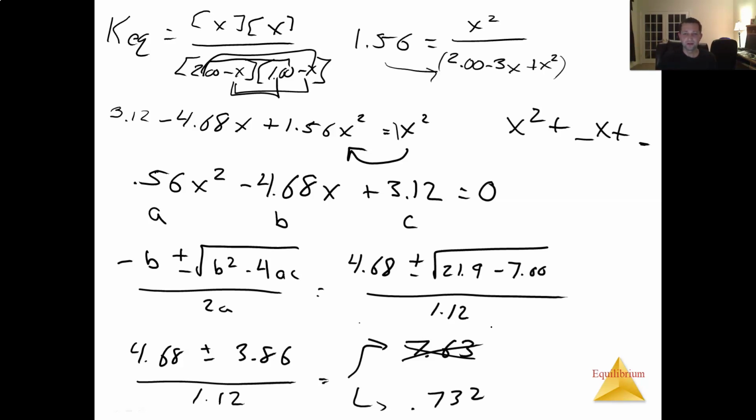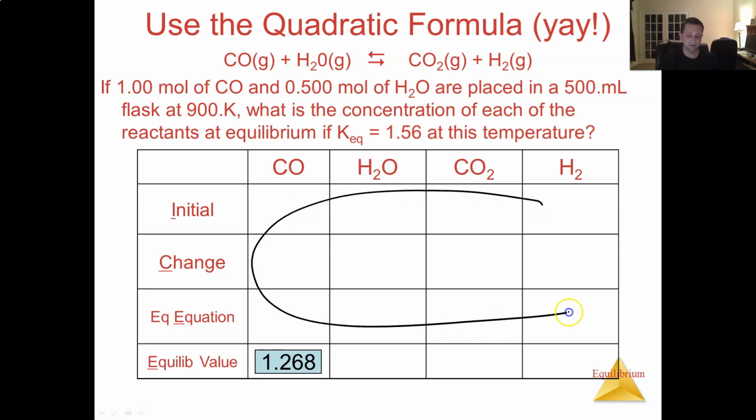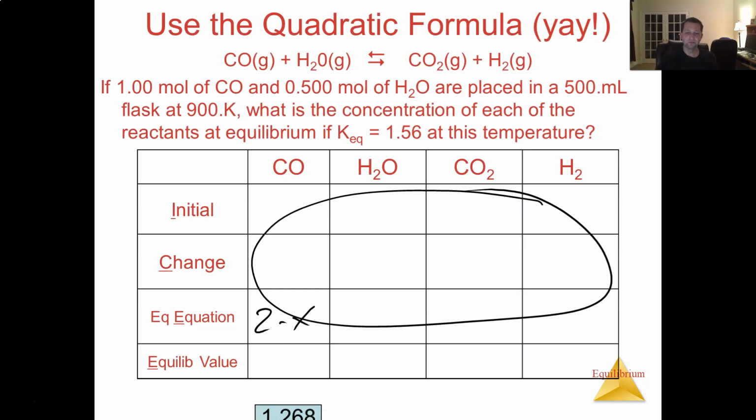All right, so if I go to my table, I had all the other stuff here. Okay, all the other stuff was already filled in. This was 2 minus x. All right, so 2 minus 0.732 gives me 1.268. This was 1 minus x. So 1 minus 0.732 gives me 0.268.